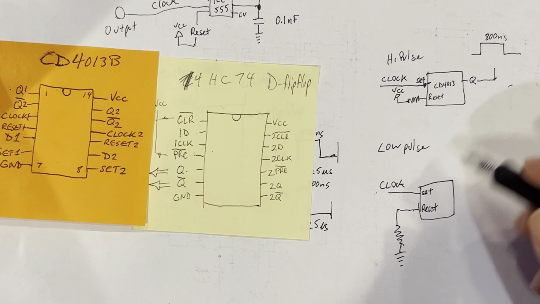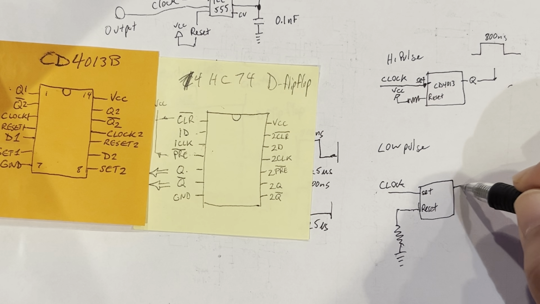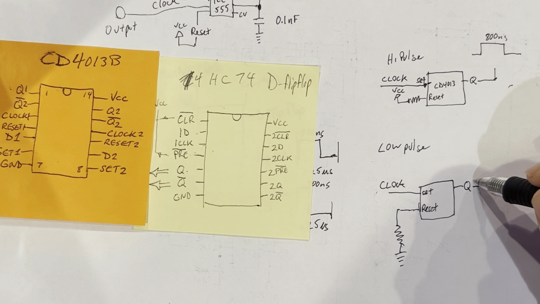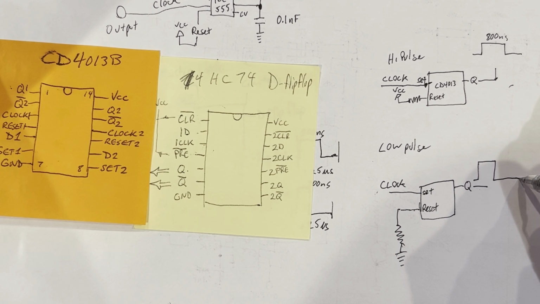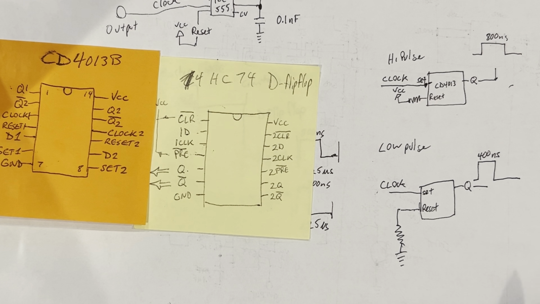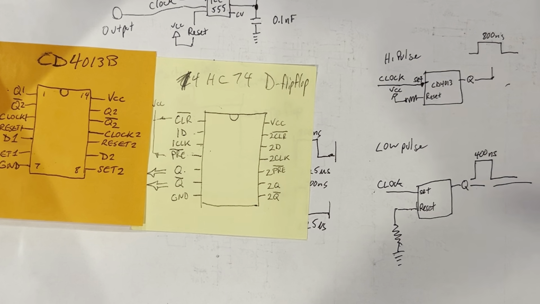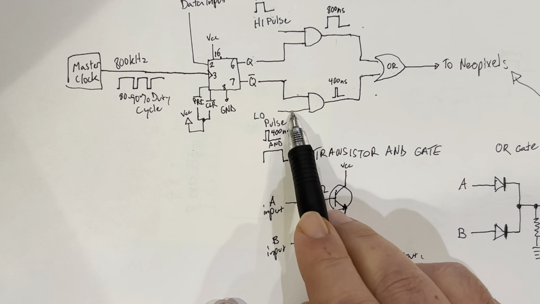And after all the propagation delays that went through all this, the output, if I measured it on the oscilloscope, would give me an output of 400 or so nanoseconds, which was the perfect low pulse. And this output I sent to the other side of the AND gate.